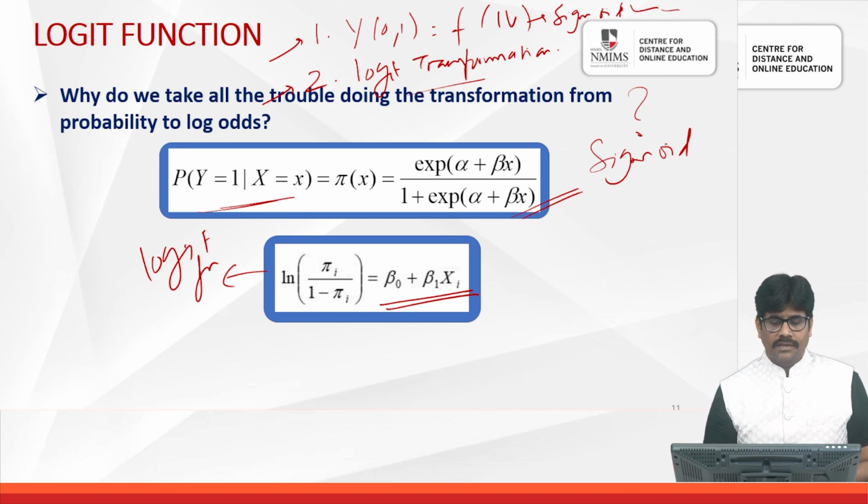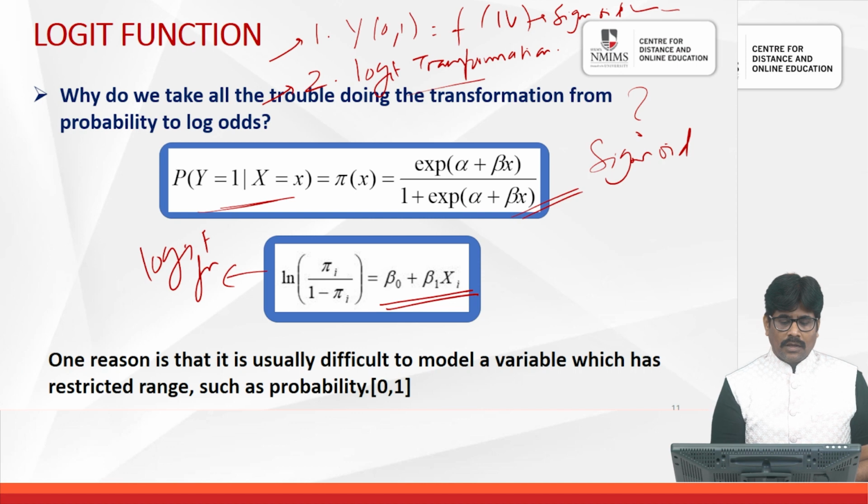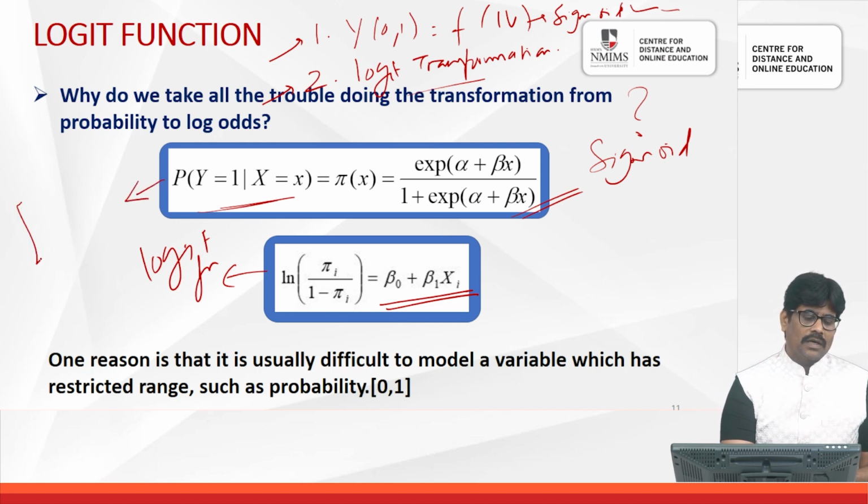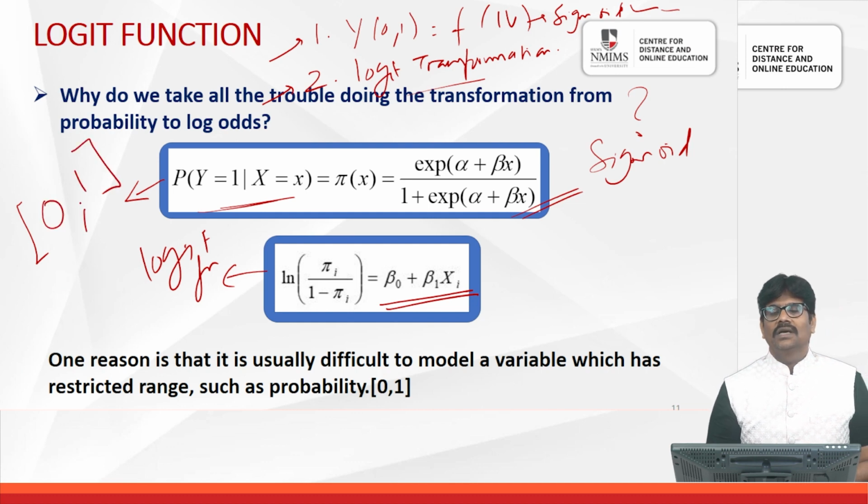Why did we do this? One reason is that it is usually difficult to model a variable which has a restricted range. What do you mean by restricted range? If you look at it, the probability value has to be between 0 and 1. So the range for probability is always between 0 and 1. That is basically a restricted range. In order to overcome this restricted range problem, we are going from the sigmoid function to the logit function.